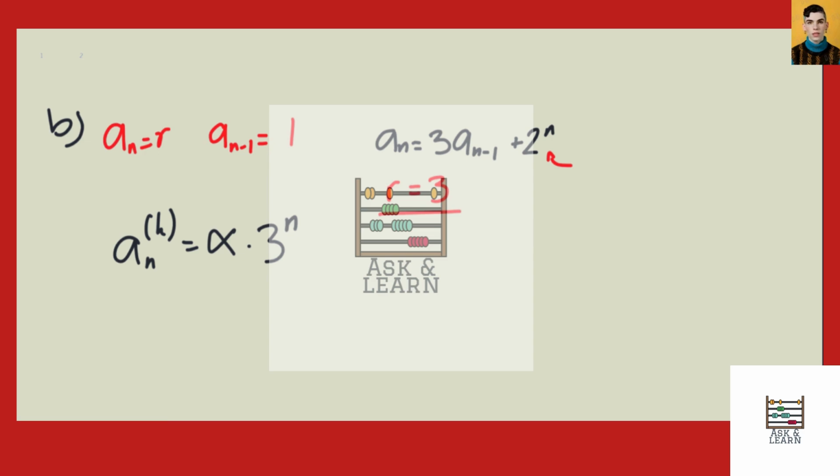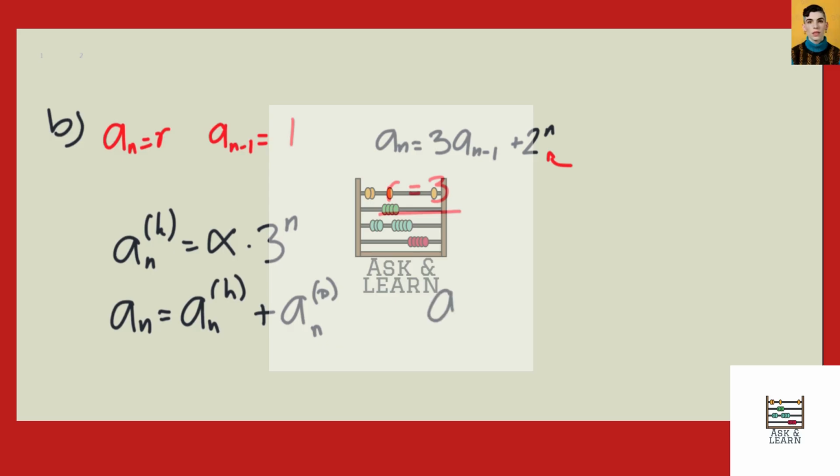But we also need to consider the particular solution, because our full solution a_n is going to be equal to the homogeneous part plus the particular part, right?